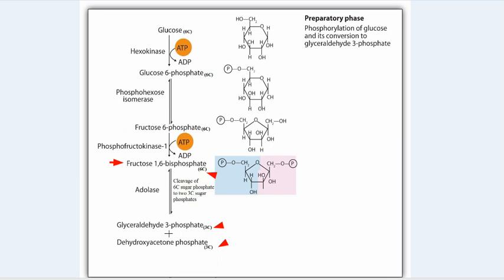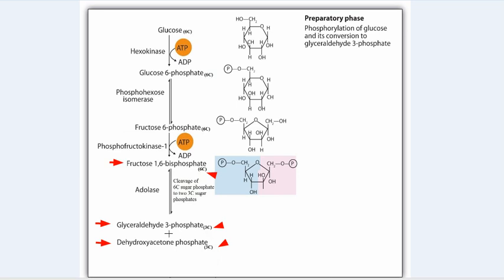The first molecule of 3 carbon is glyceraldehyde 3-phosphate. The second one is dihydroxyacetone phosphate. So 2 molecules are prepared.